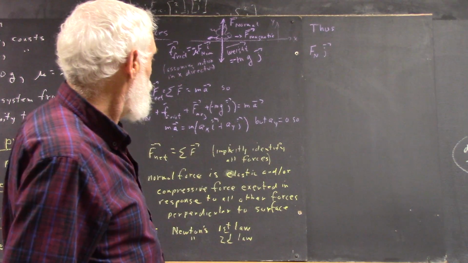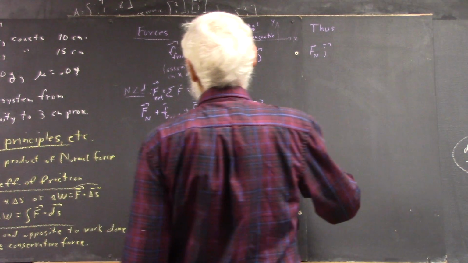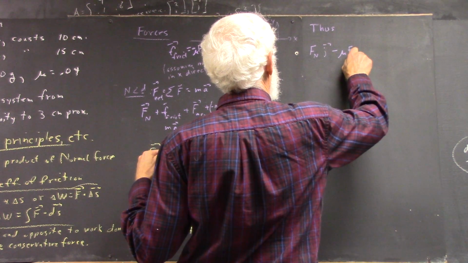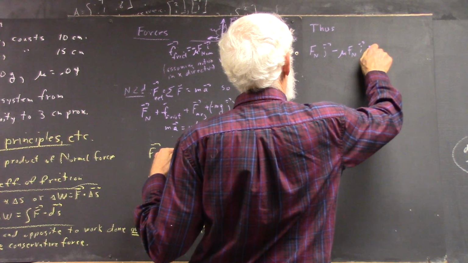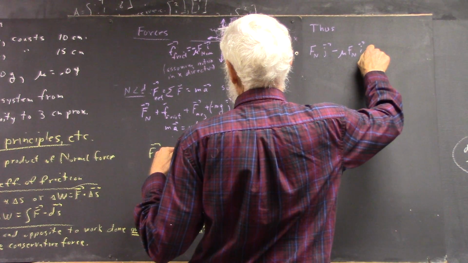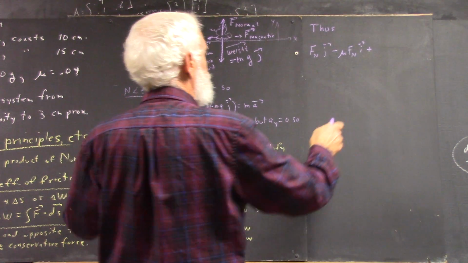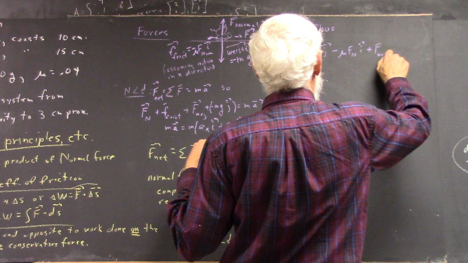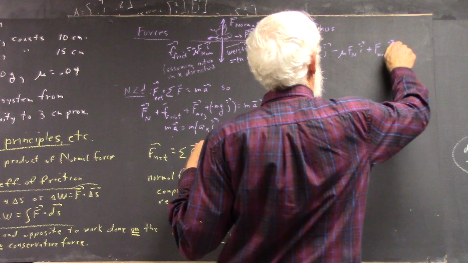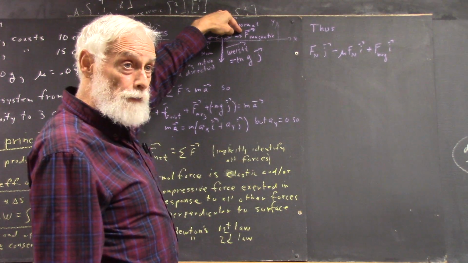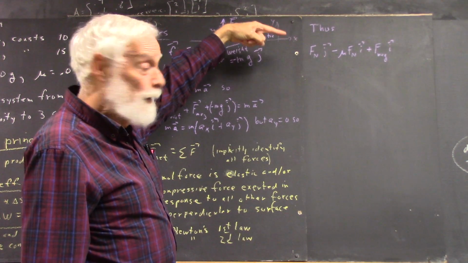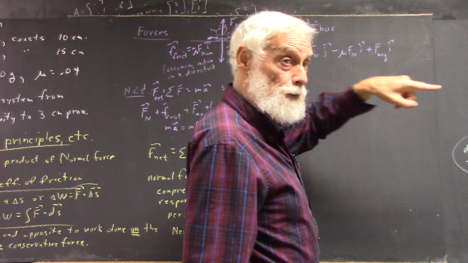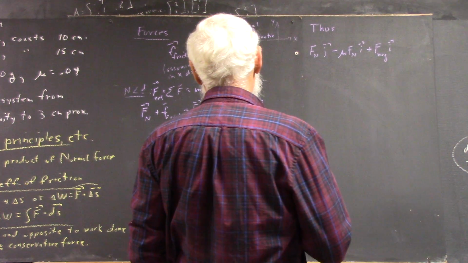Okay, so anyhow, you got normal force times J, and the frictional force is minus mu times the normal force times I, plus F magnetic times I, where here I've got an arrow over F magnetic, right? So it's a vector, but now I don't, so it's the magnitude of that, but it's times the I vector because we're assuming it's in this direction, okay?